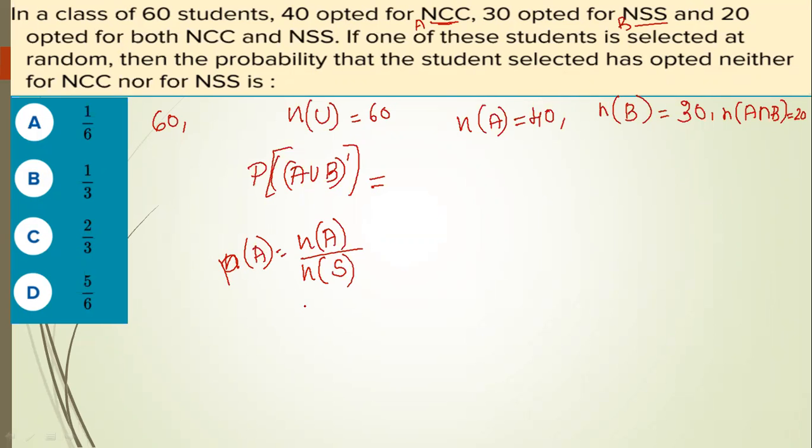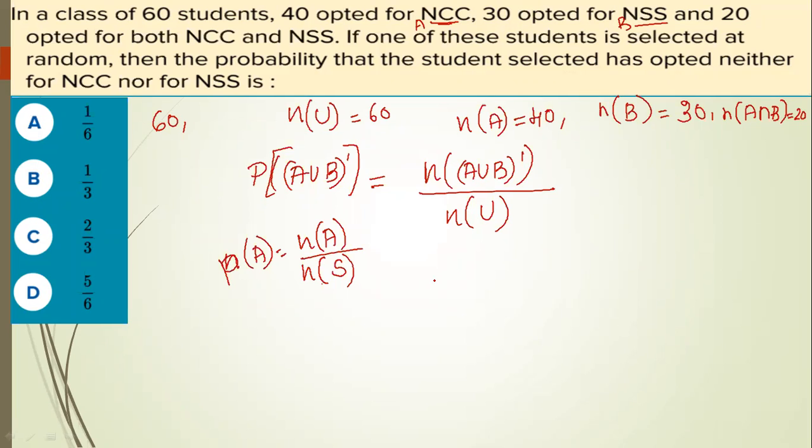Similarly here it will be n of A union B whole dash divided by n of U. But you should know what n of A union B whole dash is, and you don't know that. So how do you find neither?